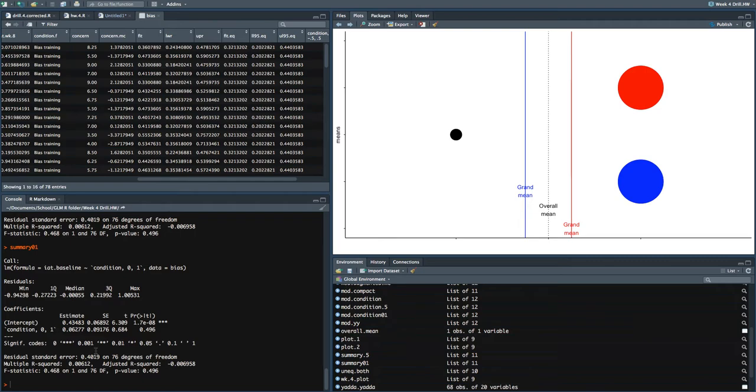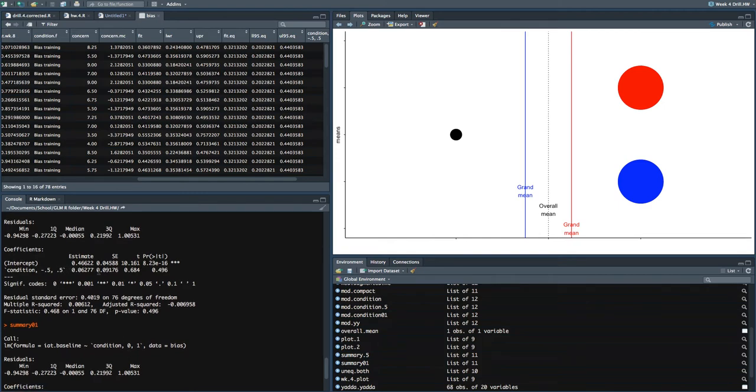All those are different coding schemes that help us answer different questions. Ultimately, the coding scheme you use depends on the question you're trying to answer, and the interpretation of these regression outputs depends on the coding scheme that you use.